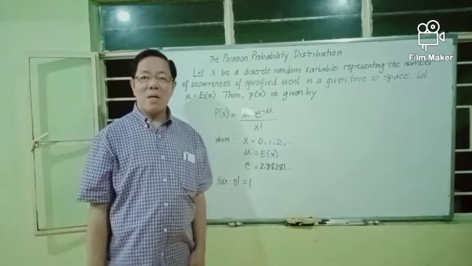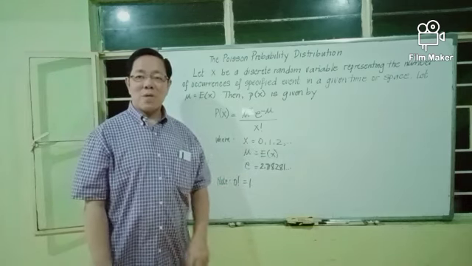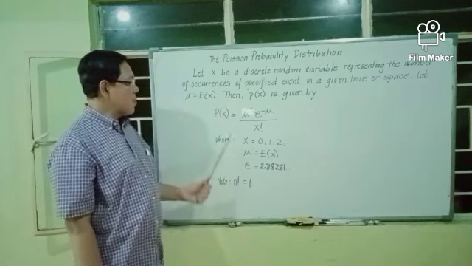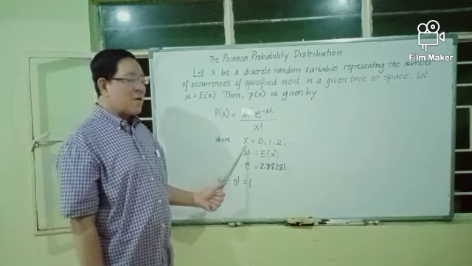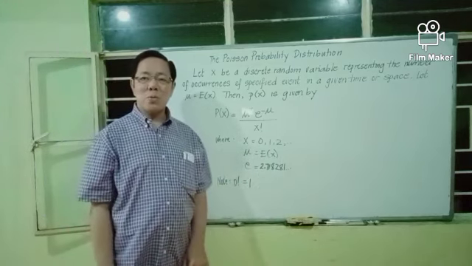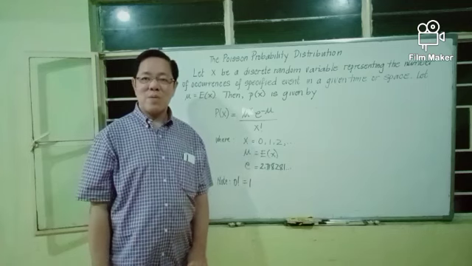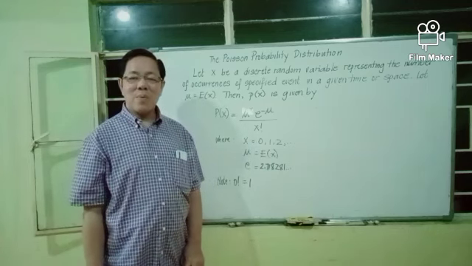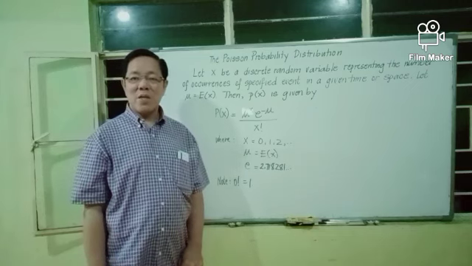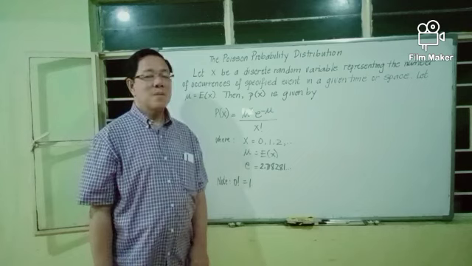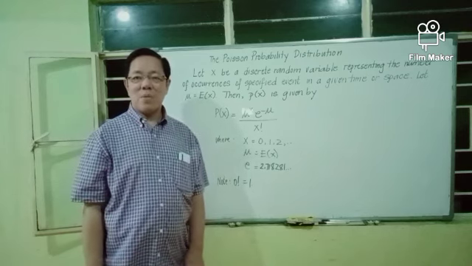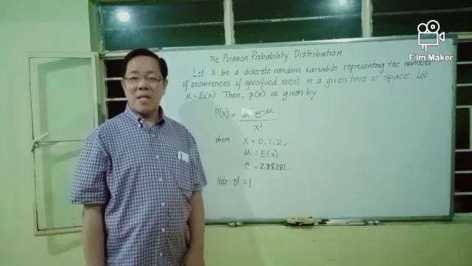And this is one of the differences between the Poisson and the binomial probability distributions. In the Poisson probability distribution, the values of the discrete random variable x go from 0 to positive infinity, while the values of a binomial random variable are finite.